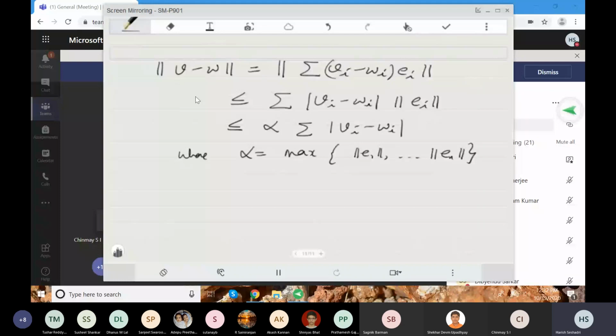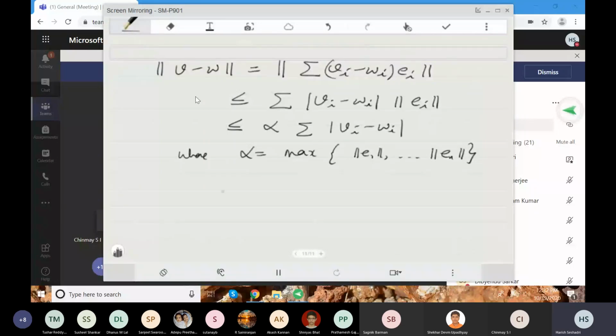So I have this. And then, of course, as usual, we know that modulus of vi minus wi is at most the Euclidean norm.